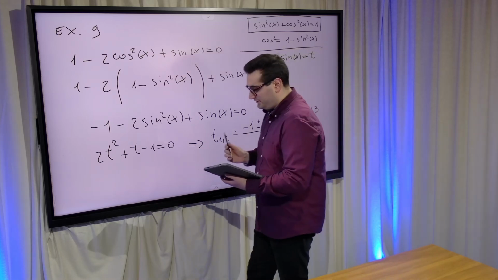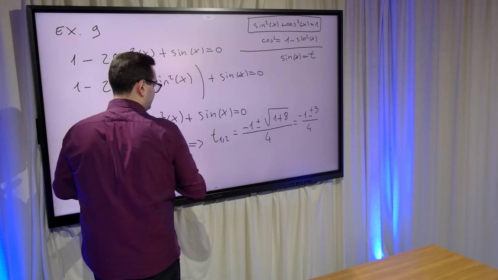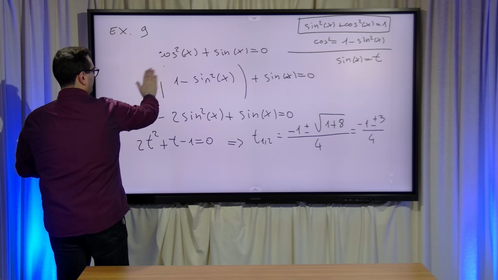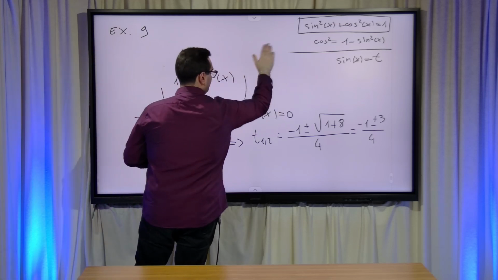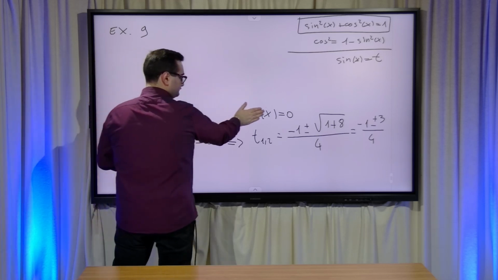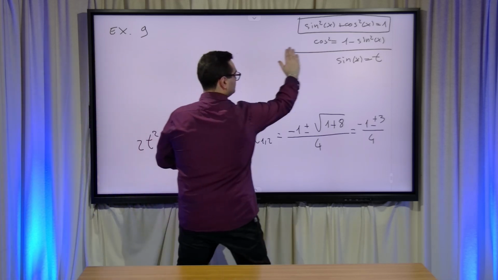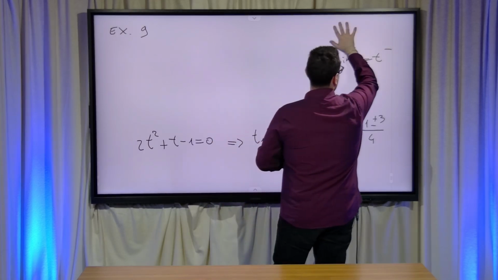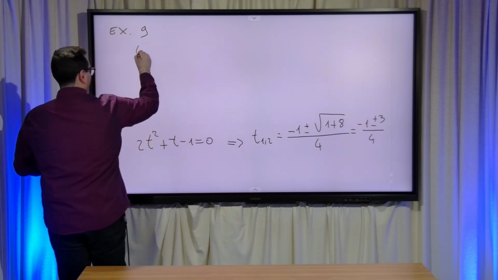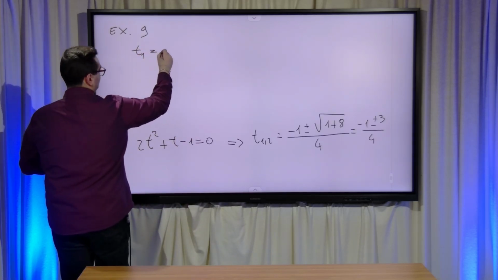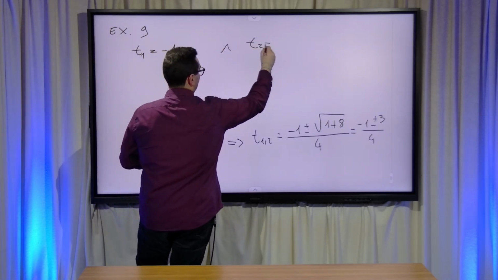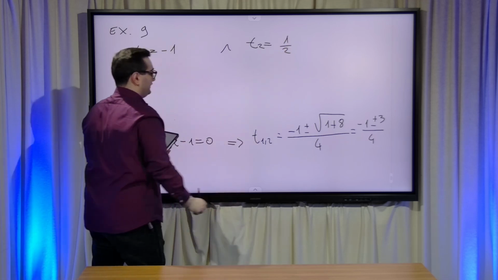The square root of 9 is equal to 3, and I get this result. From this one I get t1 is equal to minus 1, and t2 is equal to 1 half.